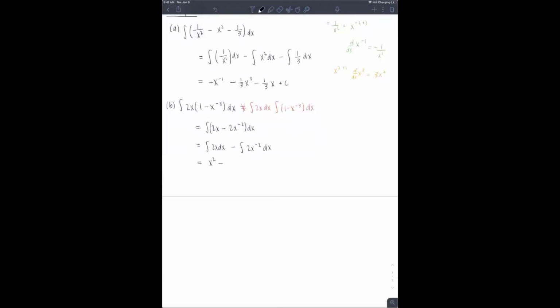Now I need to look at 2x to the power of -2, right? And so here, I'm still going to add 1 to my power. So I still have that -1 right there. But then what do I need to include out front? When I differentiate this, I don't get x to the -2 or 2x to the -2.